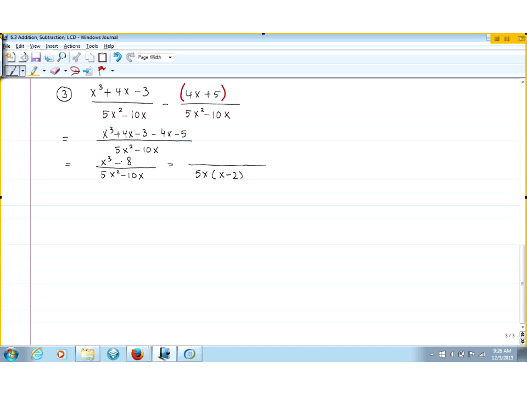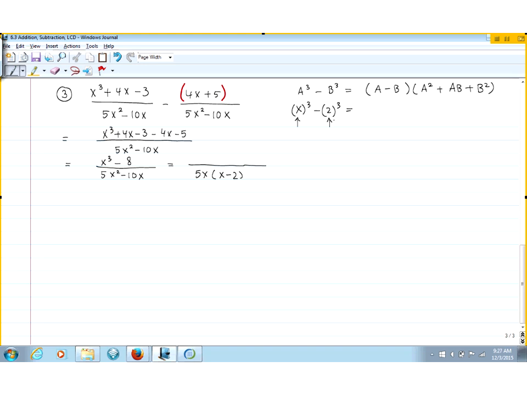Yes. Can we factor out x cubed minus 8? Yes. What formula do we use? A cubed minus b cubed is equal to a minus b multiplied by a squared plus ab plus b squared. So here you will have x cubed minus 2 cubed.